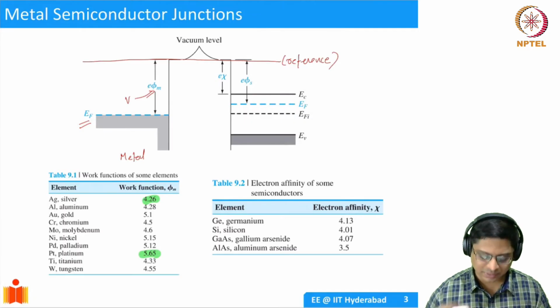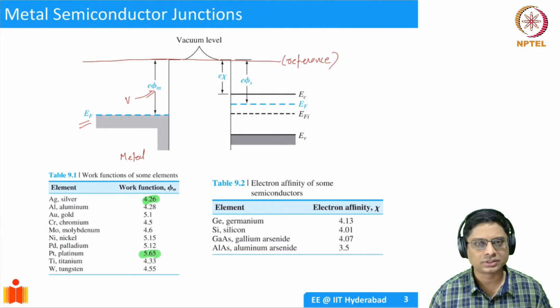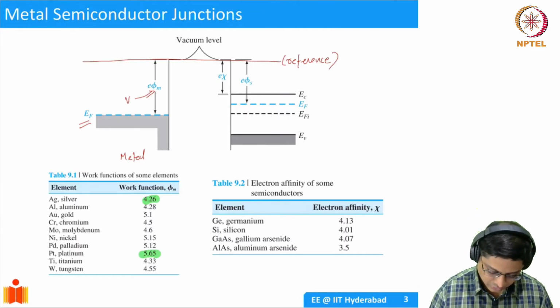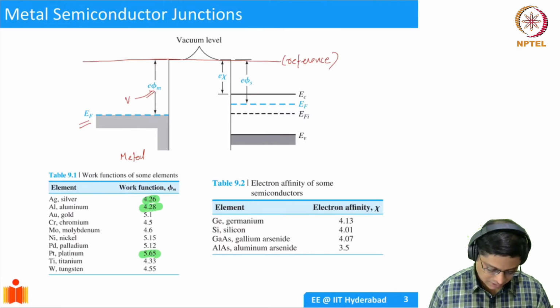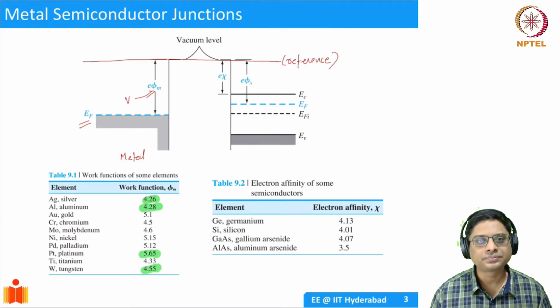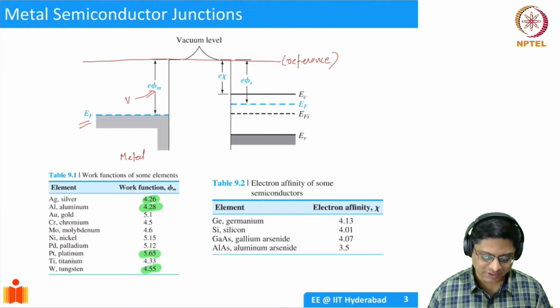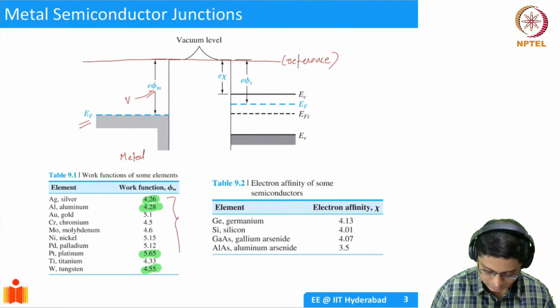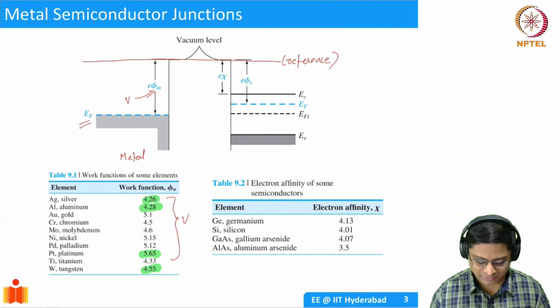Metals have a range of work functions, typically in the range of 4 to 5. The important ones are aluminum, which we use routinely in the semiconductor industry, and we also sometimes use tungsten, and a few other materials, of course. The units here are in volts, and charge times that will give you the energy.